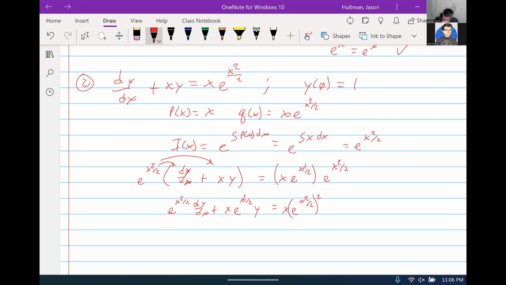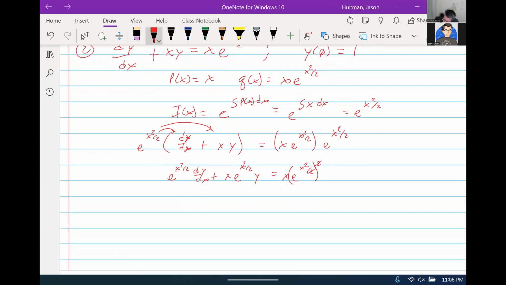So I'm going to end up multiplying the exponents here, and on the next line, these are going to cancel.